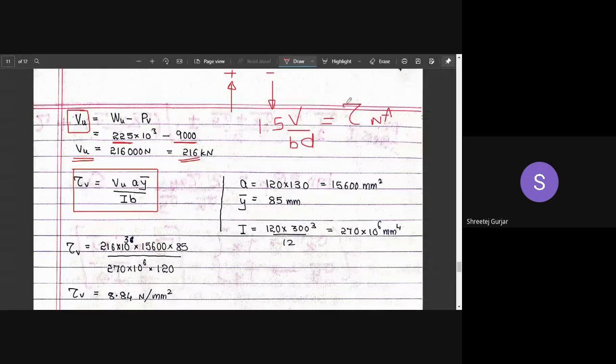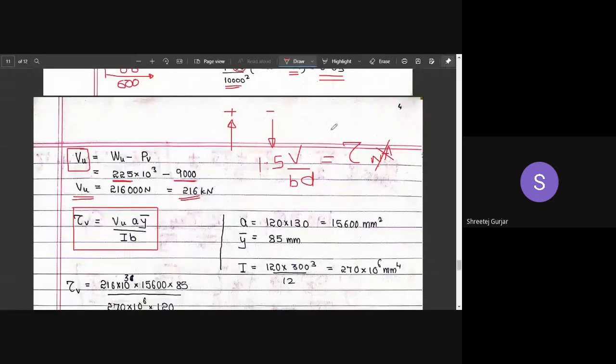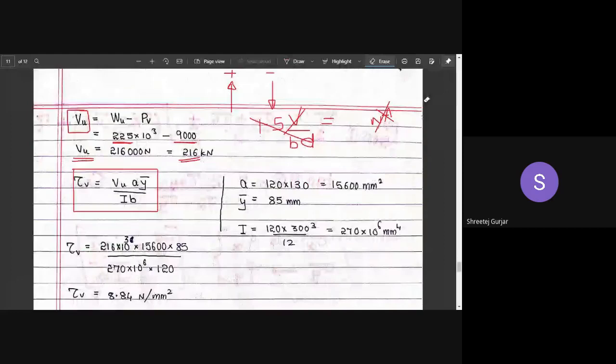But now we are not finding it at the neutral axis. We are finding it 20 mm above the neutral axis. So this average shear stress formula cannot be applied. You have to use the general formula VUAY by IB.